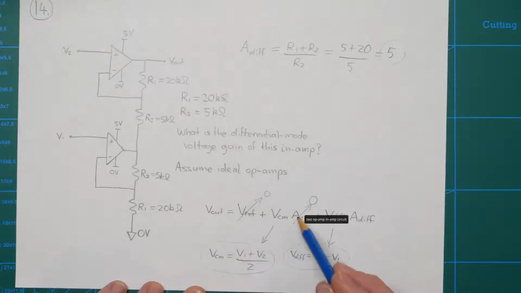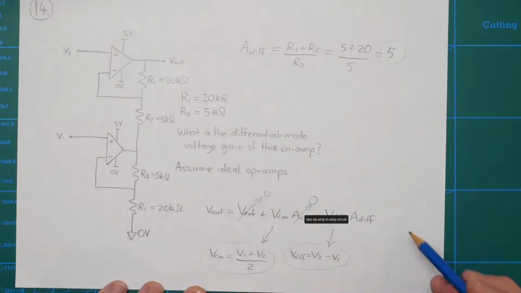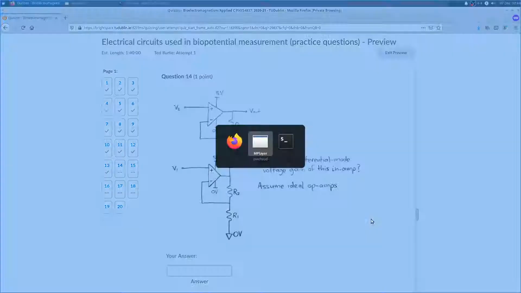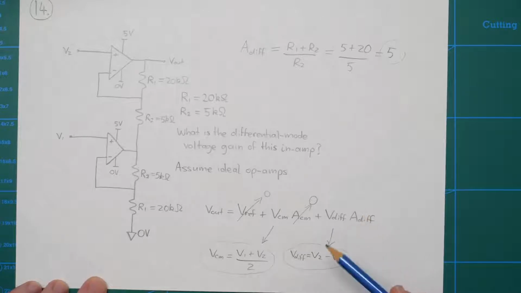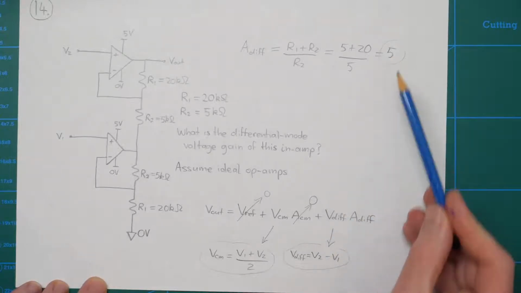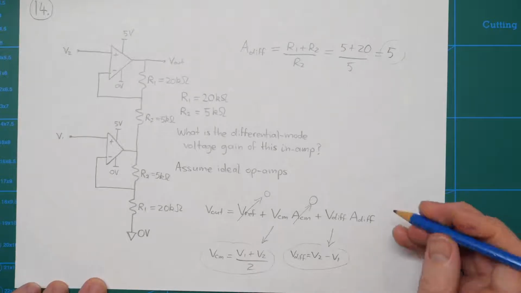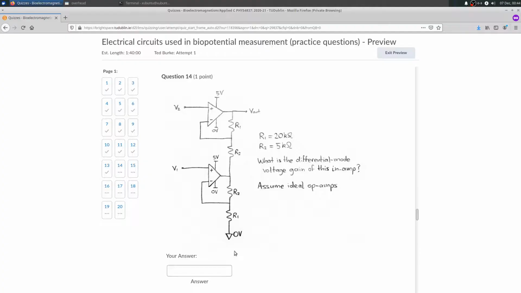So you design your amplifier to have a very low value for ACM, and often a nice big value for A diff. Now in this case we've just got a gain of 5 for A diff. So 5 is what you're asked for.